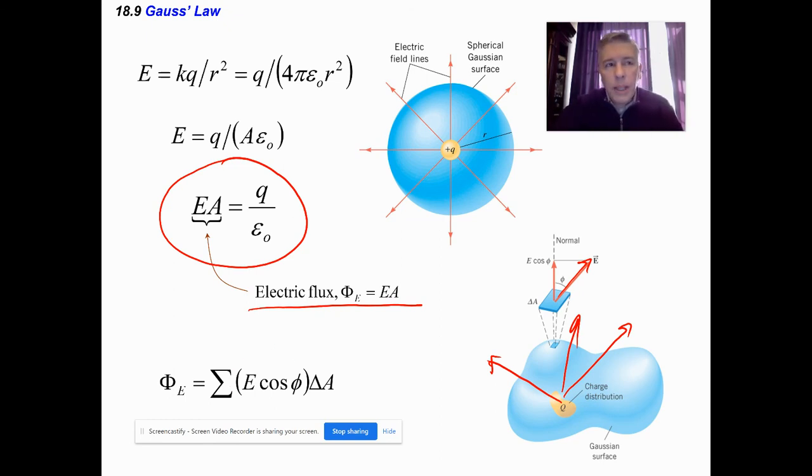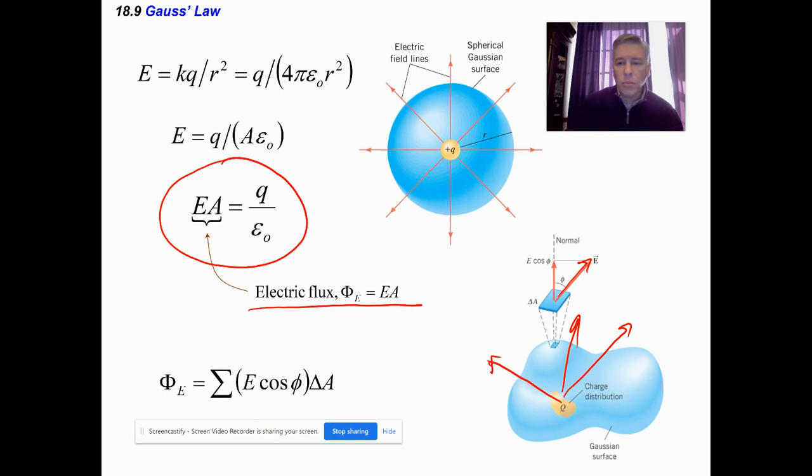Later on, my calculus people, you're going to talk about things called dot products. This is actually a dot product that we're dealing with. So truly, the electric flux has a little cosine in there when we have the electric fields coming out diagonally to it. But we usually try to create Gaussian surfaces where that isn't a factor, where they're going to be perpendicular to the surface, and then you don't have to even worry about that.